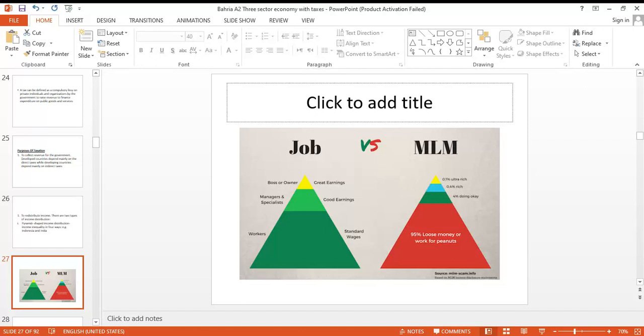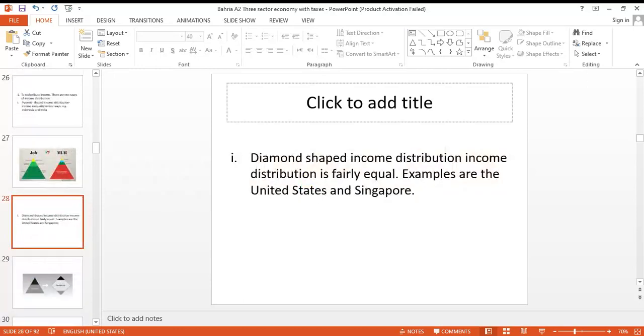If you look at the economy, the majority of the people will be in the lower strata of society. Okay, the majority of the population will be workers. Then there will be a small percentage in the middle class, in the managerial positions, and then a very small percentage will be rich, and they will be very rich.